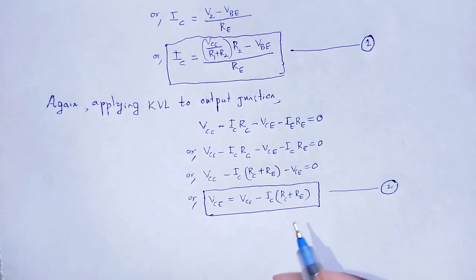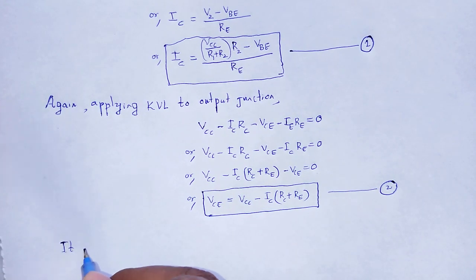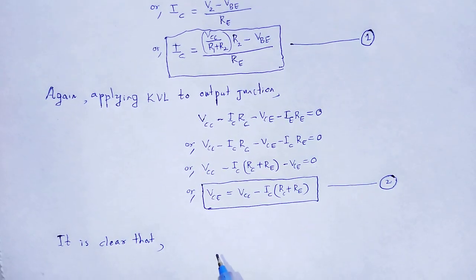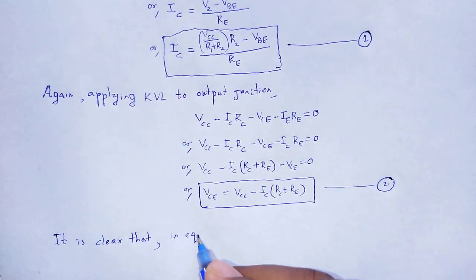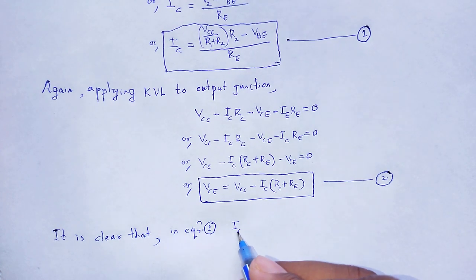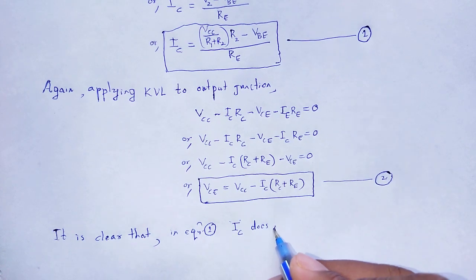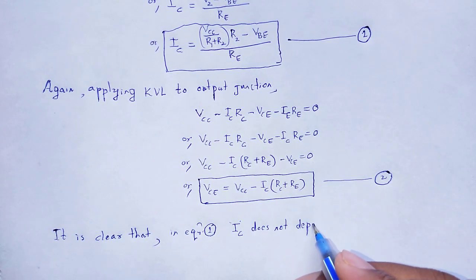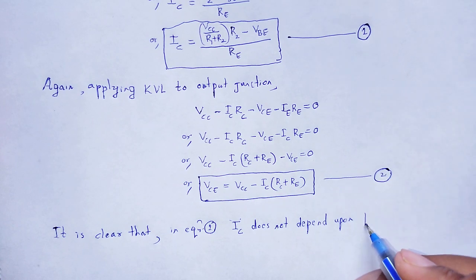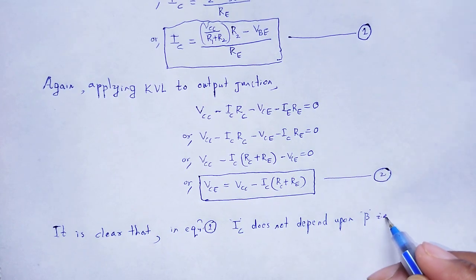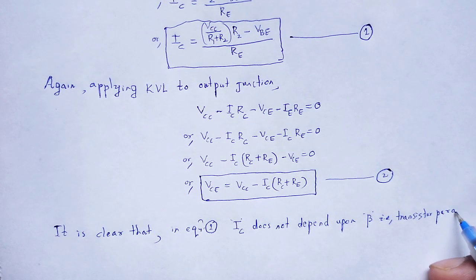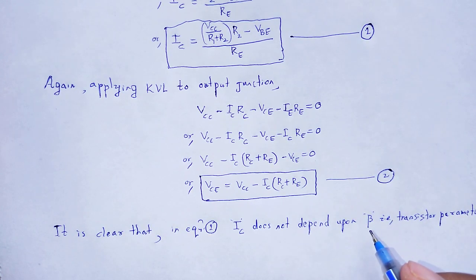We write it. It is clear that in equation number 1, IC does not depend upon beta, that is transistor parameter, which is the amplification factor.